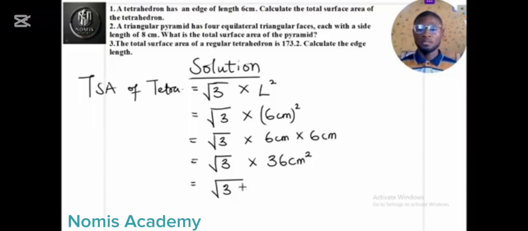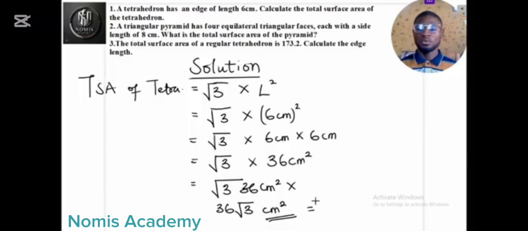Don't say root 3 then 36 centimeter squared, such that maybe your root is extending to this 36. No, it is advisable that you write like this to say 36 root 3, since it's multiplying, centimeter squared. So this can be understood perfectly, 36 root 3 centimeter squared.